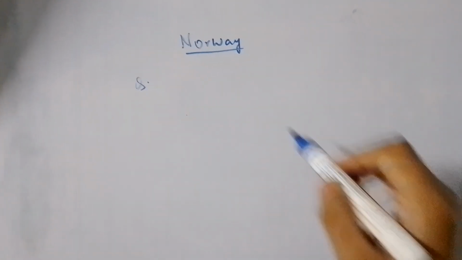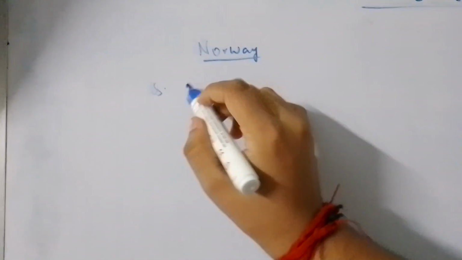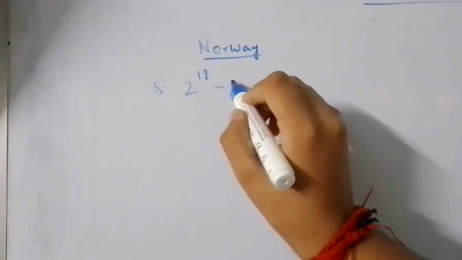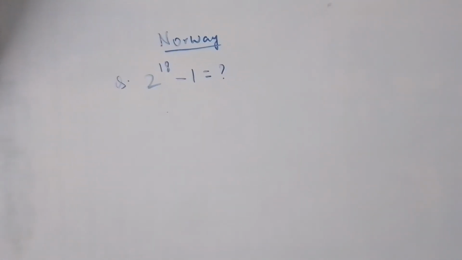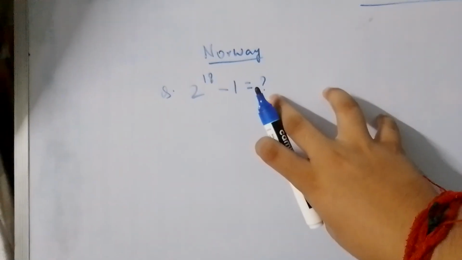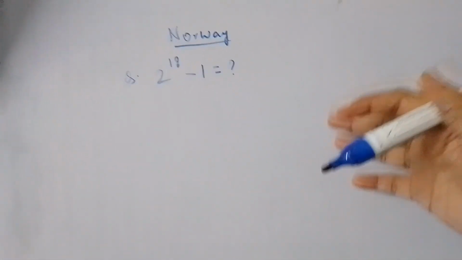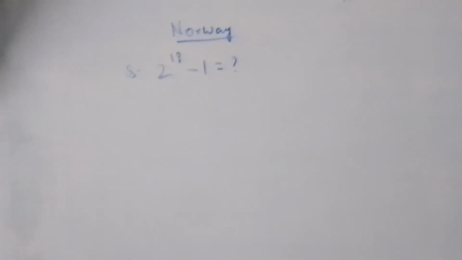It's a good question. It goes like 2 to the power 18 minus 1 equals what? Basically it will give a very large value, but how to simplify that is the main thing in this question.